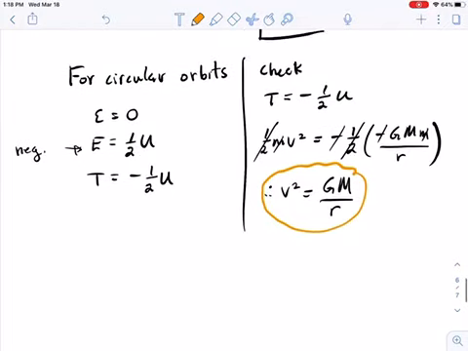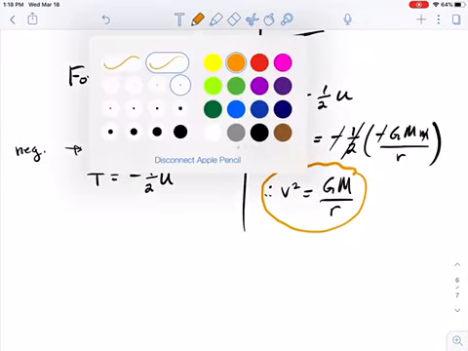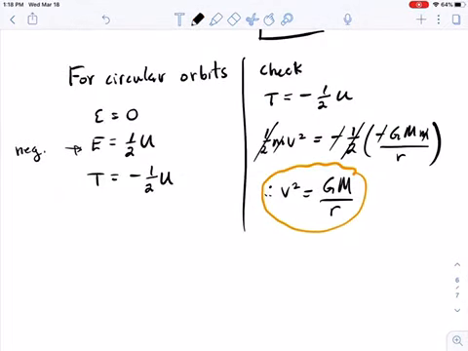Let's do case number 2, which is an elliptical orbit. So for an elliptical orbit, we want the eccentricity to be between 0 and 1.